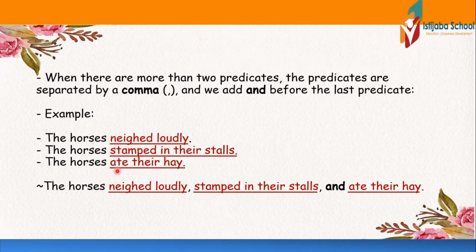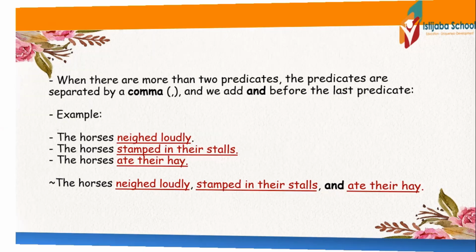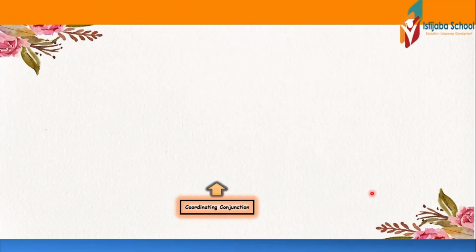The horses ate their hay. In here, I'm gonna combine the predicates, but all of them share the same subject. So I say the horses neighed loudly, comma, stamped in their stalls, comma, and ate their hay.